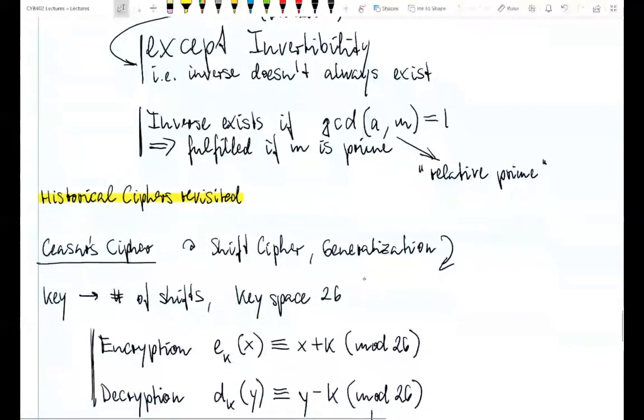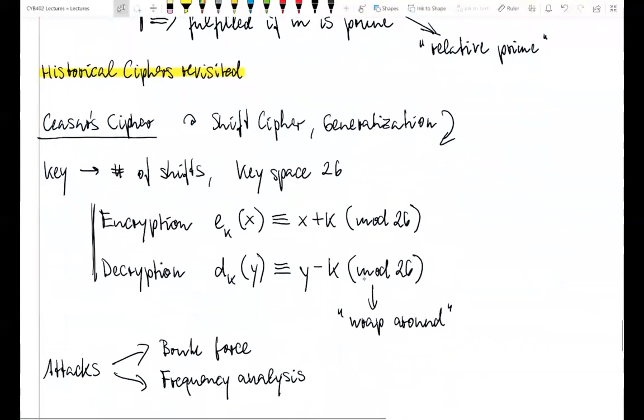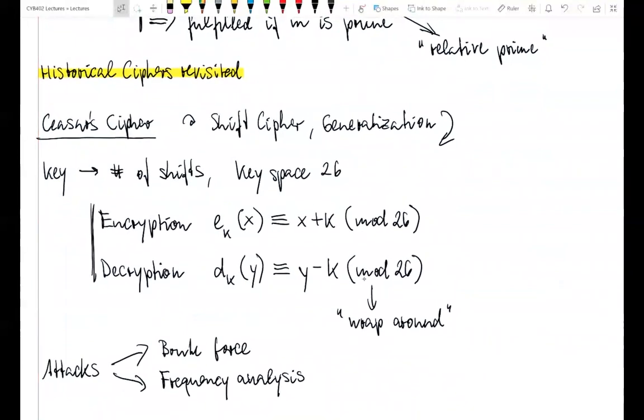So let's tackle the last chapter, which is historical ciphers. And it turns out with the modulo operation, it's much easier now to come up with the encryption and the decryption ciphers for some of the historical ciphers.